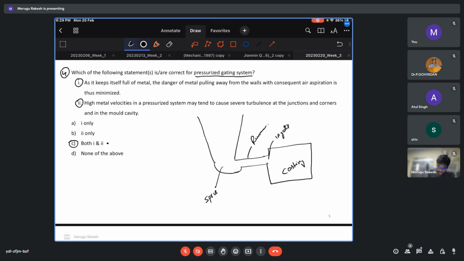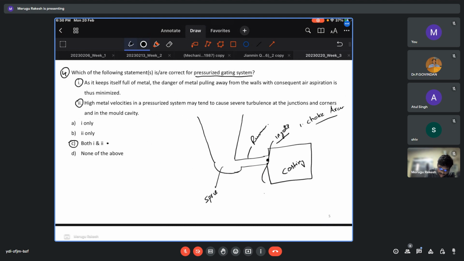Now in a pressurized system, there is a term called choke area, which is the minimum area in this entire gating design. So in a pressurized gating system, this will be the choke area.